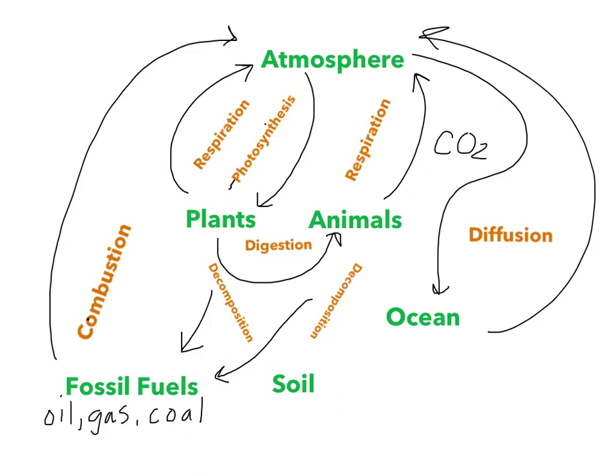So the carbon cycle, once again, relies heavily on both photosynthesis and respiration, which move carbon dioxide and oxygen back and forth between plants, animals, and the atmosphere. But there are also these other places where we can find carbon, such as the ocean, the soil, and fossil fuel. And the processes in orange help to move the carbon dioxide between those sources as well.